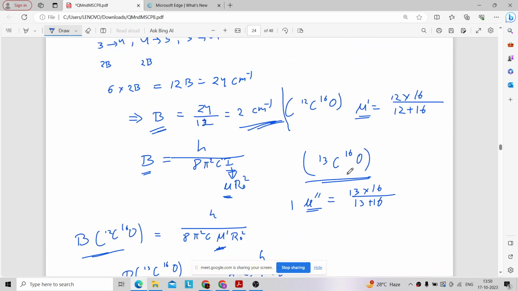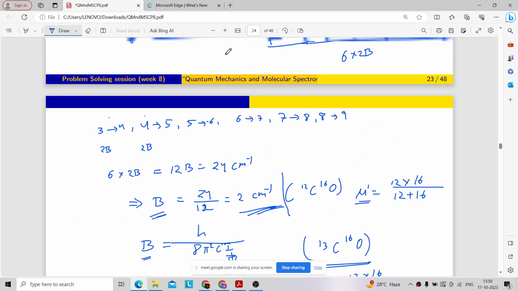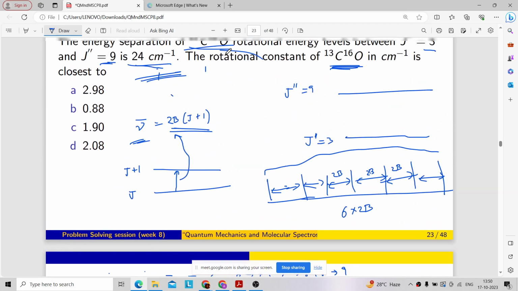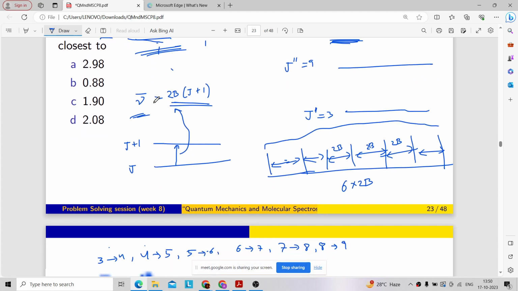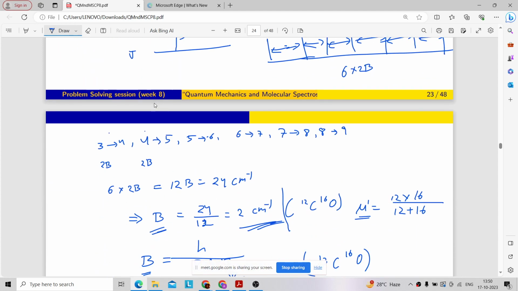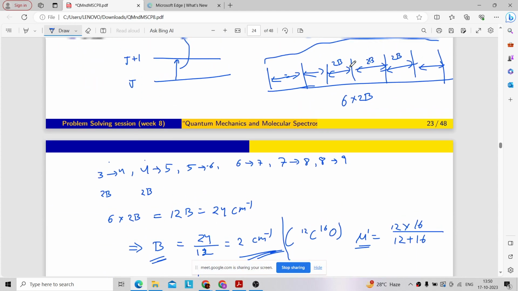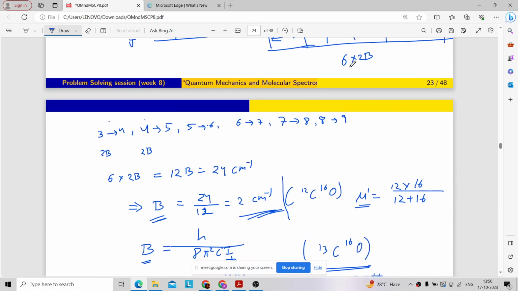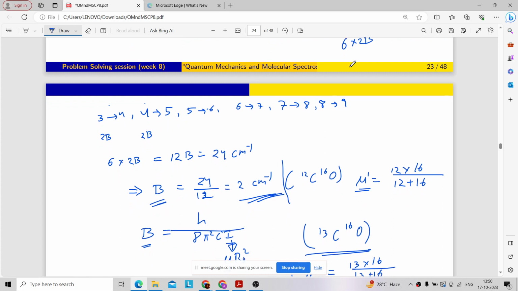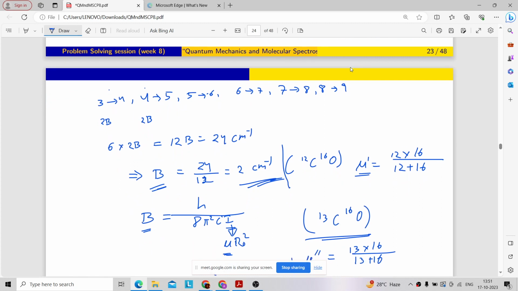So what I did, we were given the spectral line for the transition from 3 to 9 to be 24 centimeter inverse. So from that we can get the value of B. The transition from 3 to 9 will contain 6 lines with equal spacing 2B.